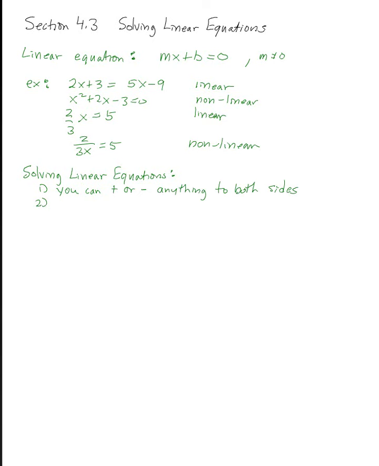And rule number 2, you can multiply or divide both sides by anything as long as it is not equal to 0. Okay, there's the two basic rules. In this section, we're going to look at fairly simple linear equations just to get you familiar with using these two rules. And then in section 4.4, we will do more complicated equations.